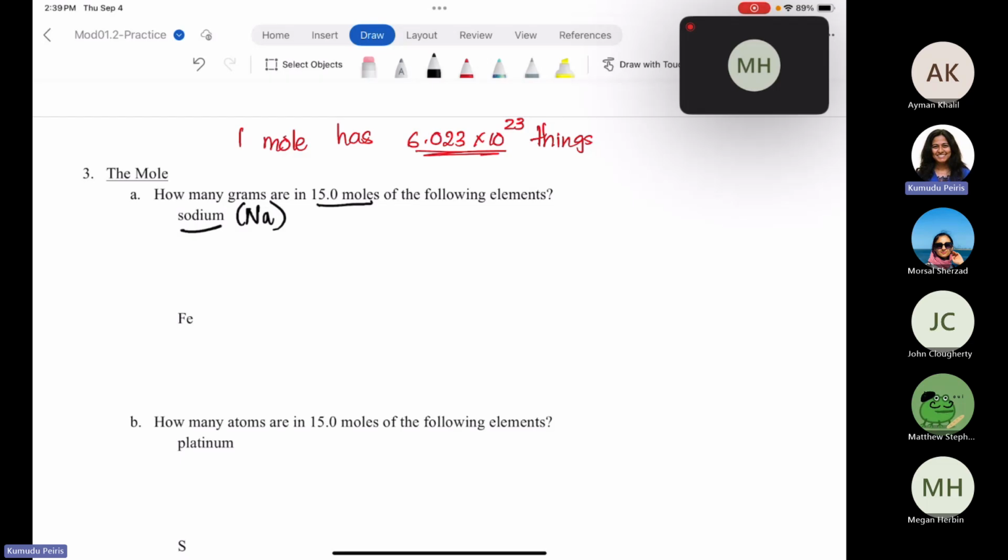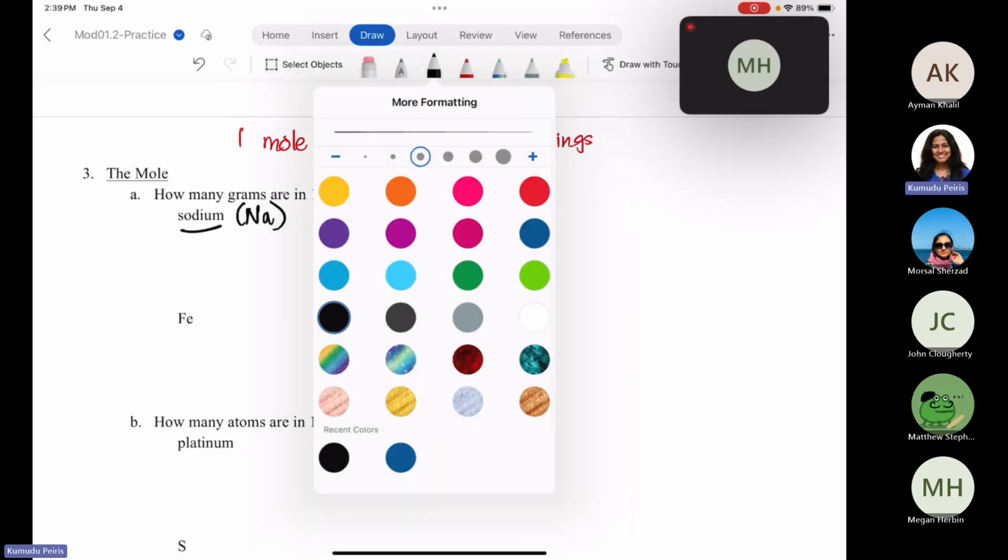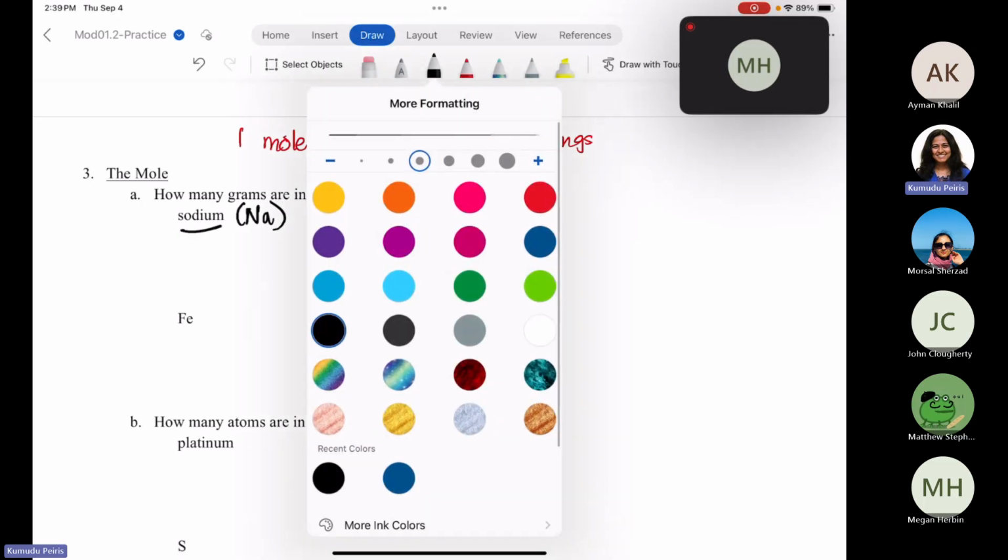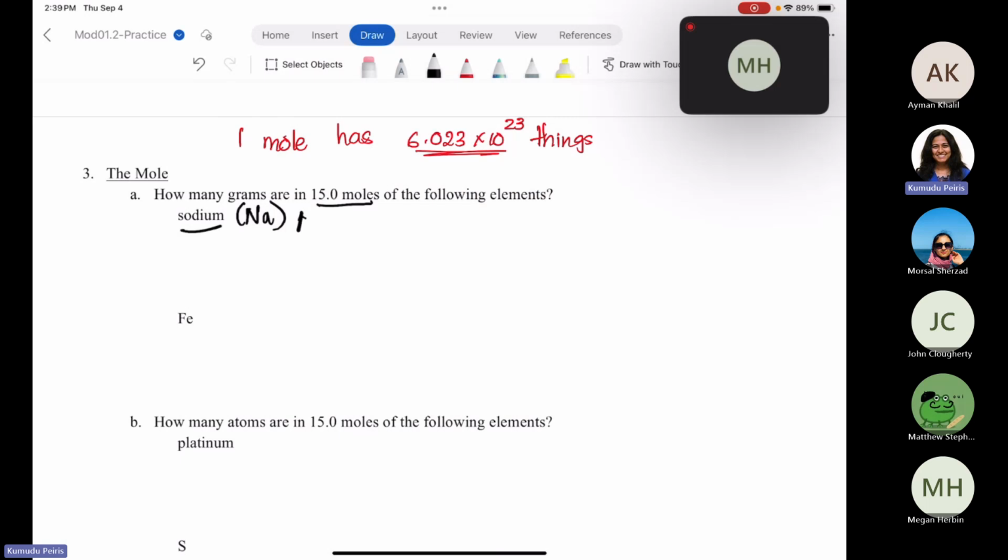It is moles, so we get 15.0 moles. Then the denominator. What must be in the denominator? 1 mole, right? 1 mole of sodium. And this is 15.0 moles. Let me correct that here.